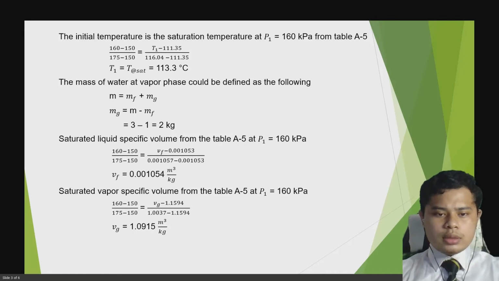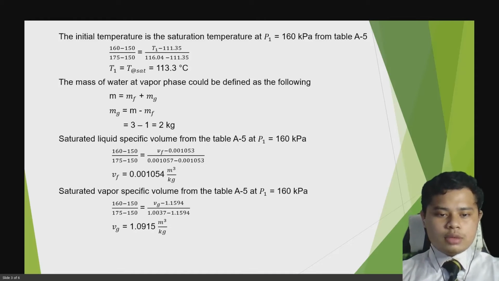The total mass given is 3 kg, and the mass at liquid phase is 1 kg. So 3 minus 1 is equal to 2 kg. The mass at vapor phase is 2 kg.